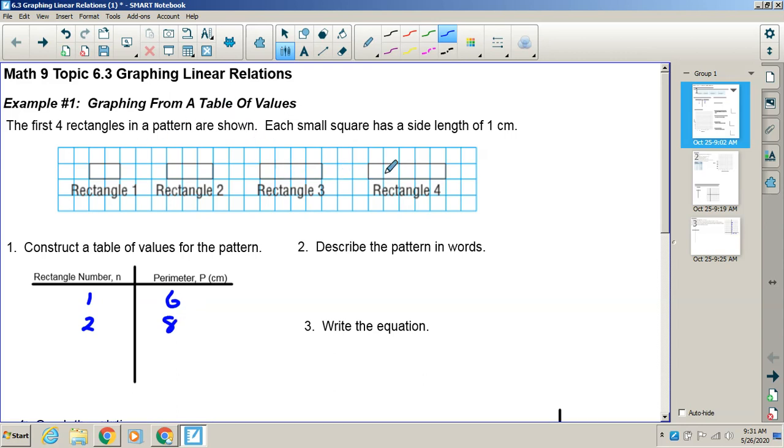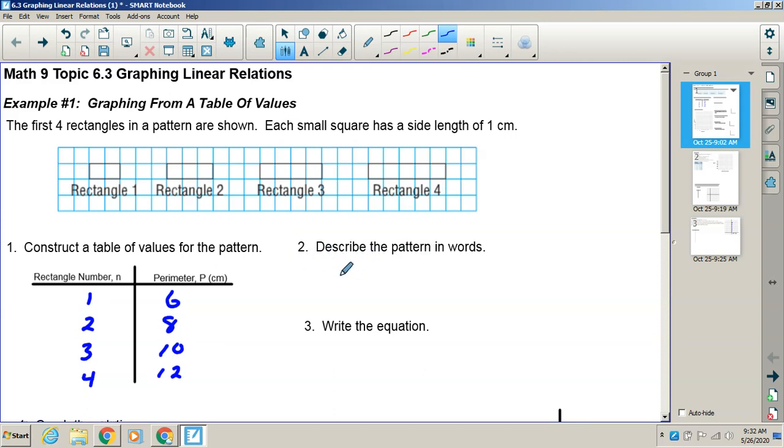And we carry on with rectangle 3 and rectangle 4. Rectangle 3, if we count it out, has a perimeter of 10, and rectangle number 4 has a perimeter of 12. So we've built a table of values based on this pattern. Now we have to describe what's happening in words.